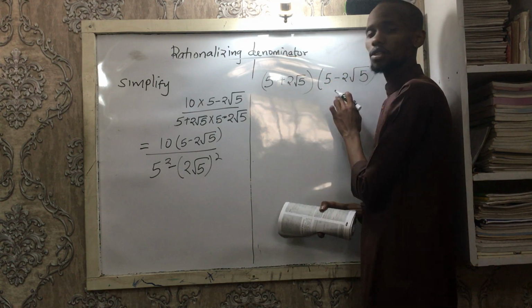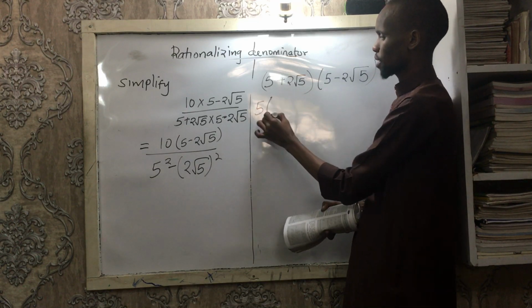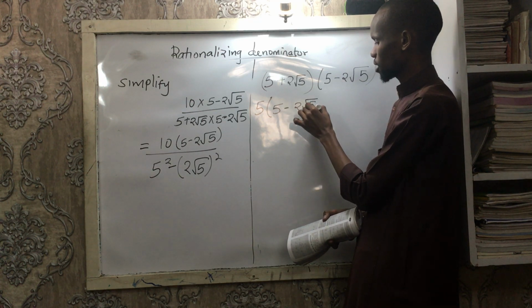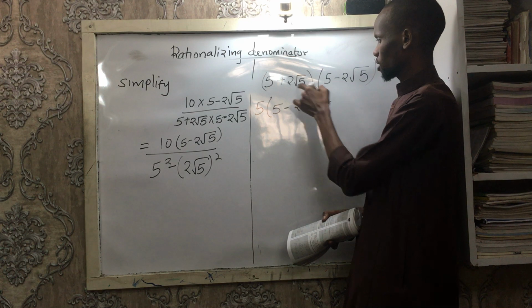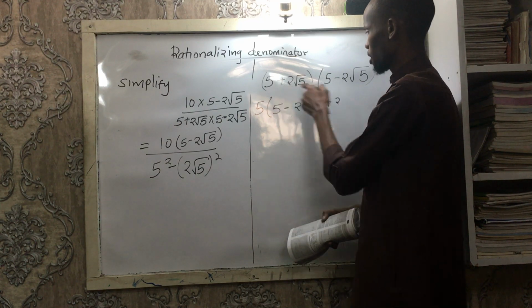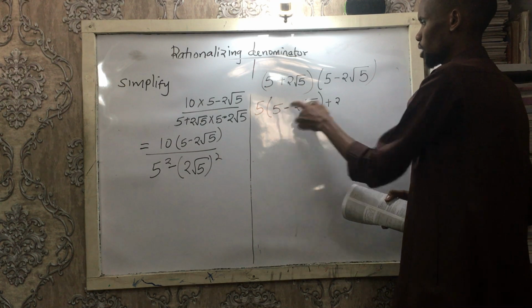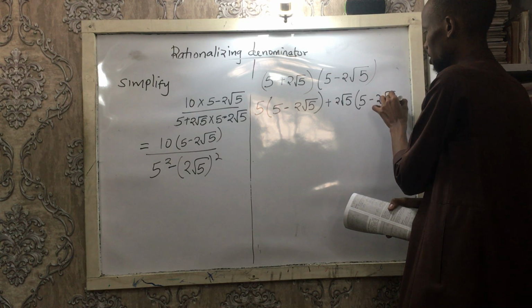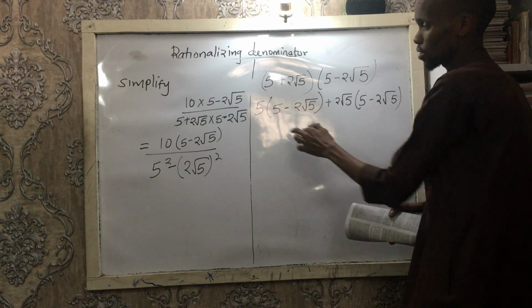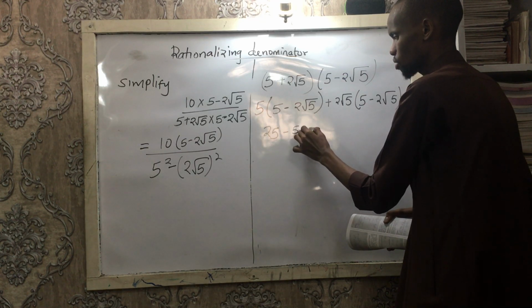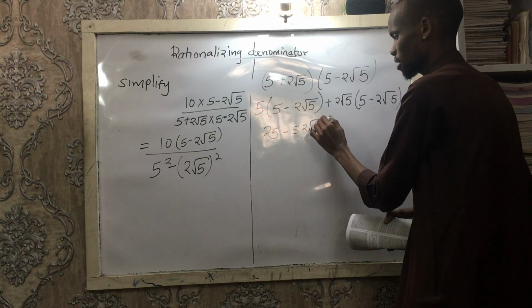So I will have 5 into bracket 5 minus 2 root 5, and then plus 2 root 5 multiplied by 5 minus 2 root 5. So this times this is 25 minus 5 times 2 root 5.